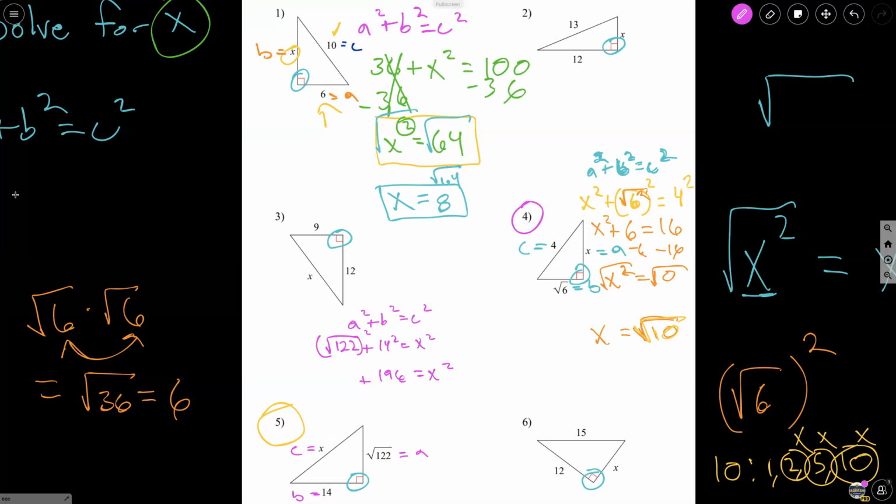so we got the square root of 122 times, excuse me, the square root of 122 squared, which is just square root 122 times square root of 122.